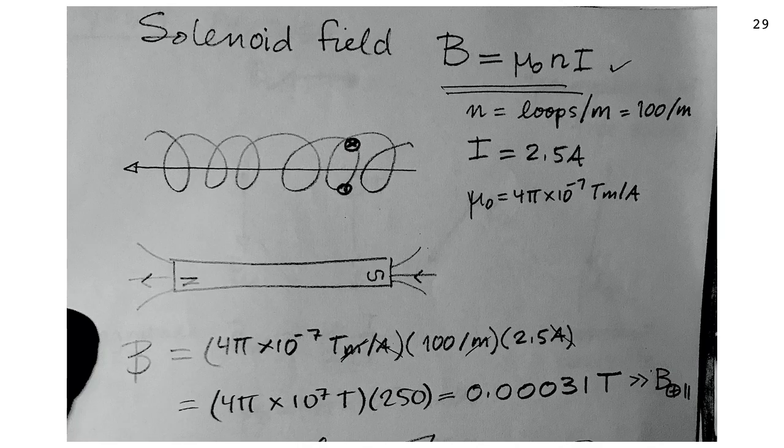So this is 4 pi times 10 to the minus 7 Teslas times 250 over here, and let's see, that's 12 times. So this is about 0.003 something. Can anybody verify me on that?